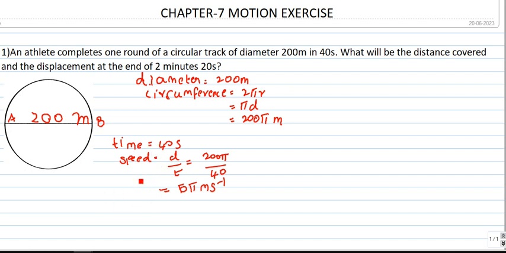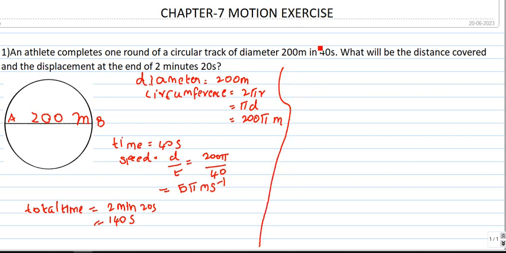From this speed we can find out the distance covered. So the total time the athlete runs is 2 minutes and 20 seconds, which is equal to 140 seconds. So from this total time we have to find the total distance.